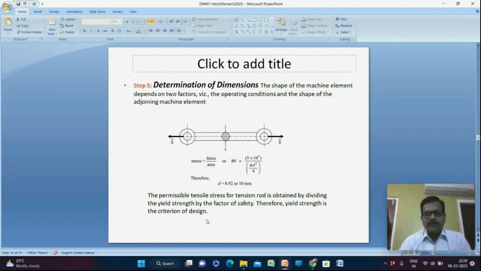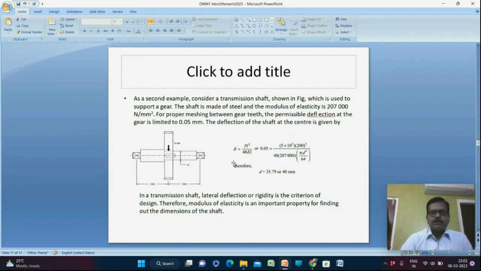Therefore, yield strength in this case is the criterion of the design. So here this 80 MPa is the yield strength divided by the factor of safety, which gives us the working or allowable stress.